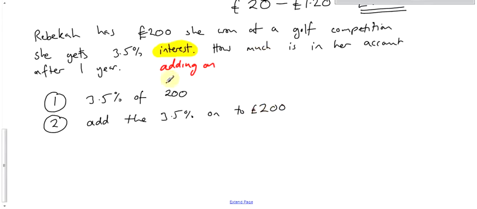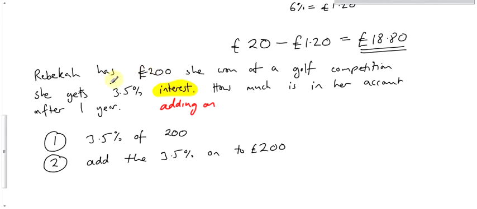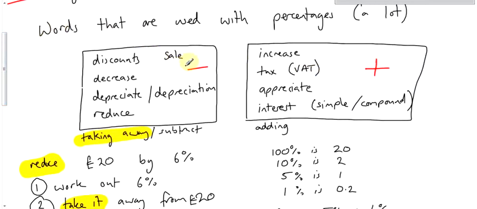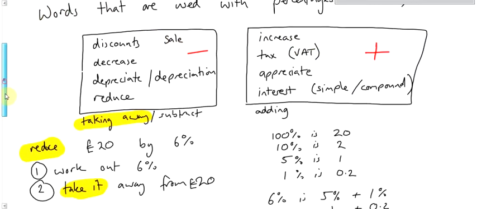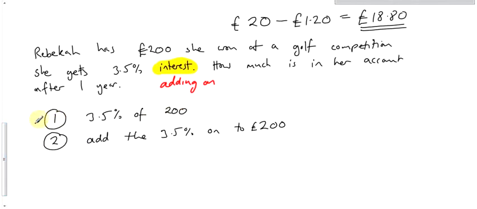So notice the same pattern, and the pattern here is we have a number and a percentage, and normally you find the percentage of that number, but we have to be careful. We find the percentage of the right number, and then we look for which word is turning up, and as I said before, you've really got 2 sets of words. You've got the adding words and the subtracting words. Okay, well, let's go for it then. So it's an adding word, so 3.5%.